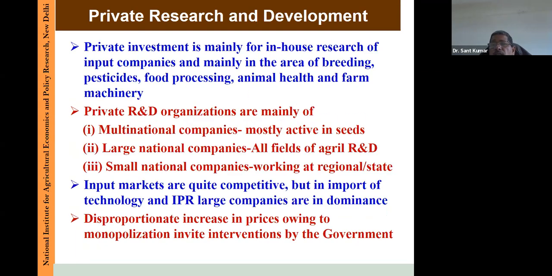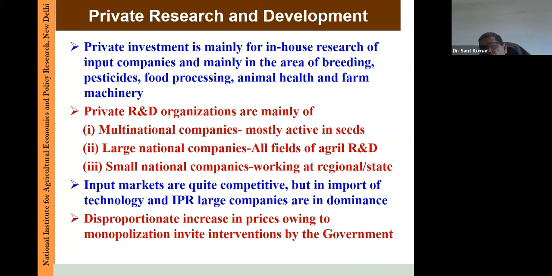The private investment is mainly for in-house research. Input companies mainly provide inputs in the areas of breeding, pesticides, food processing, animal health, and farm machinery. Private R&D organizations are mainly multinational companies, mostly active in seeds, large national companies in all fields of agriculture R&D, and small national companies working at the regional level with small area coverage.